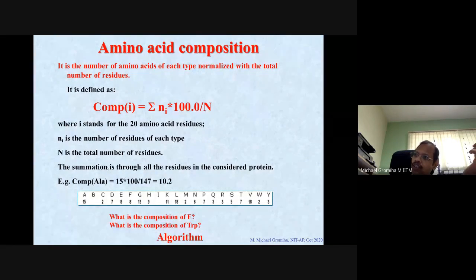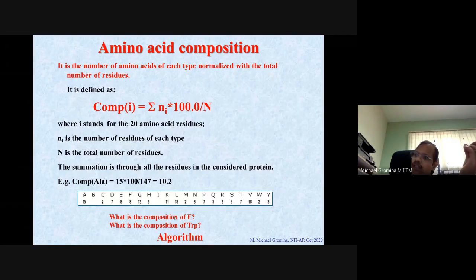Okay. So what is the composition of alanine? Totally how many alanines are in the sequence? 15 alanines. Multiply by 100 and divide by the total number of residues, 147. So the composition is 10.2%.